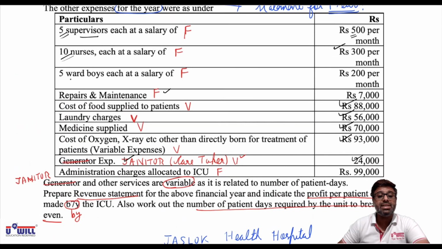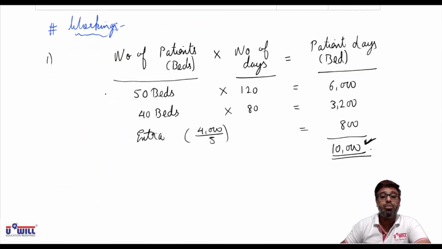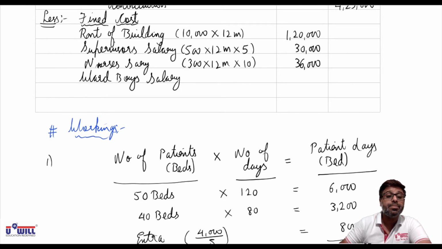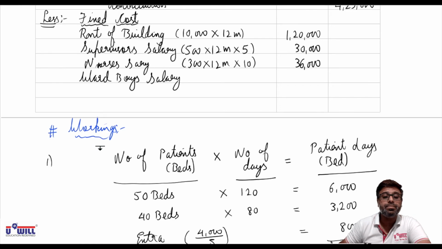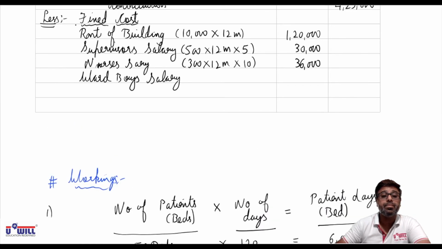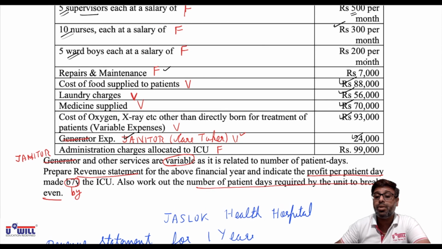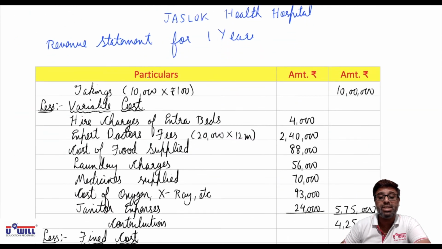Then ward boy's salary we have. So ward boy's salary is also fixed in nature. Now ward boy's salary you are given 200 per month and 5 ward boys are there.